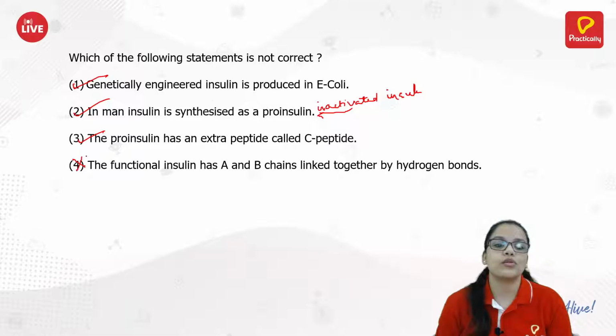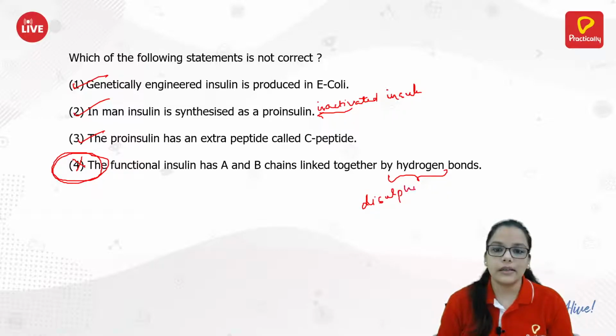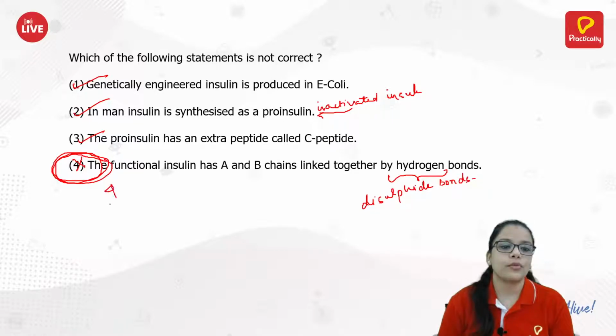This is wrong, so the answer is 4. Why? Because they are linked together by disulfide bonds, not hydrogen bonds. So the answer is 4.